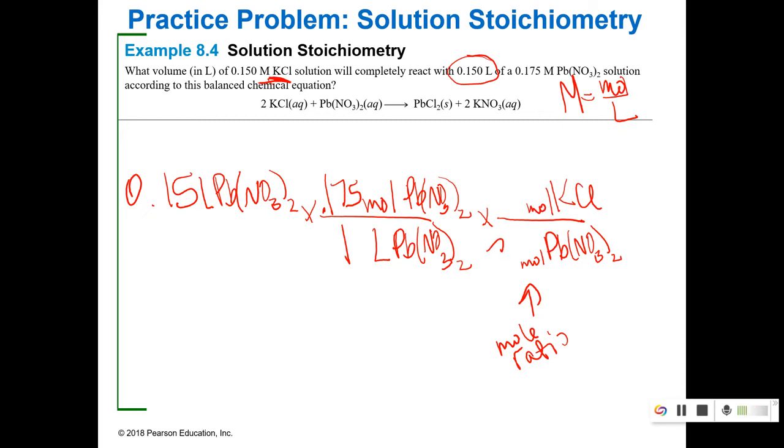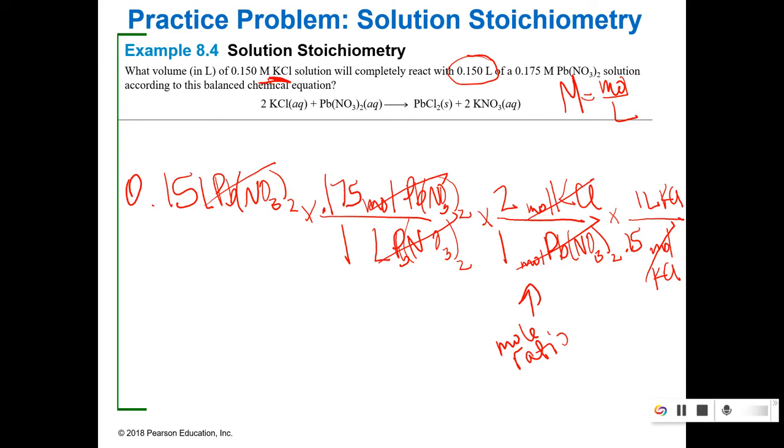In this problem, I have 2 KCl for every 1 lead 2 nitrate. And it wants volume. So moles has to go on bottom. Liters of KCl on top. And it's 0.15. Okay, so now we can do the math. Our units, make sure they cancel to what we want.